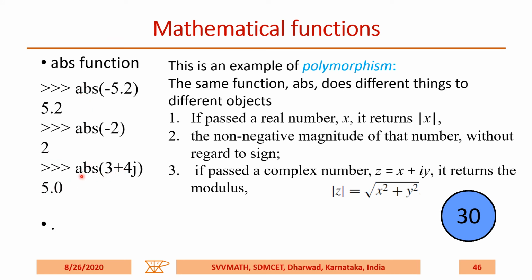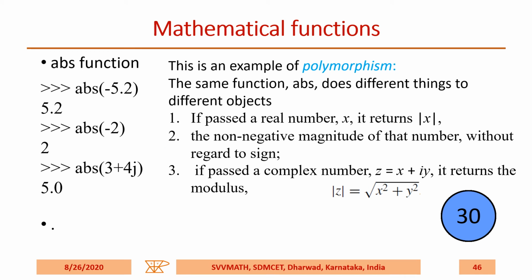The same function is used, but it behaves differently depending on the parameter we pass. This is an example of polymorphism. The same function does different things to different objects, because these are all objects.